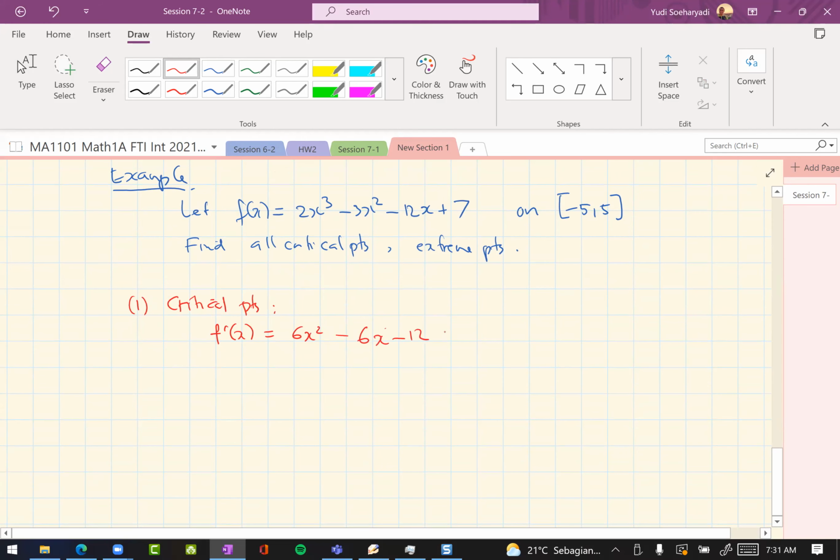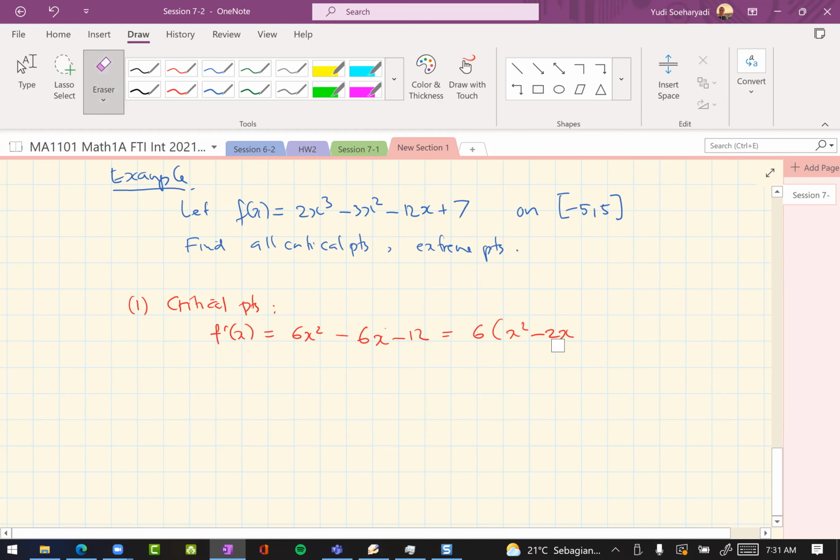We can factor this, take the 6 out, and let's see what's left: x squared minus x minus 2. This factors to x minus 2 times x plus 1.